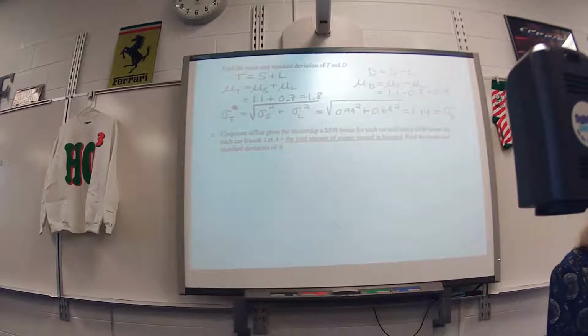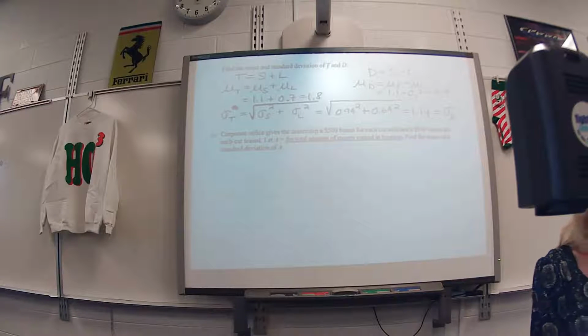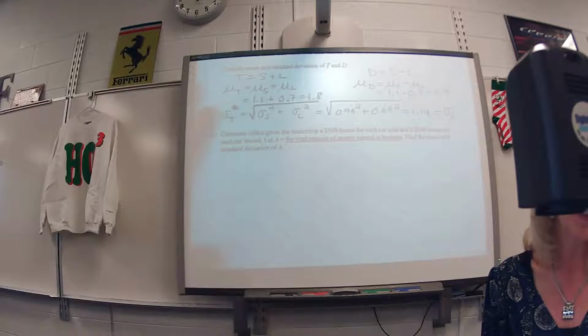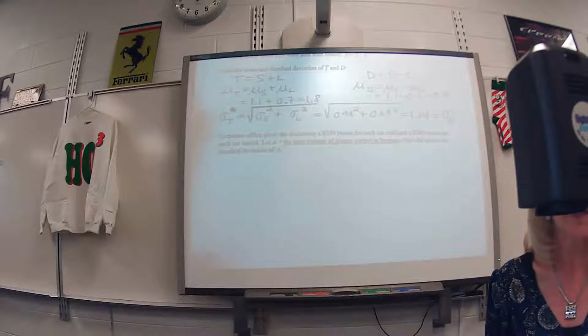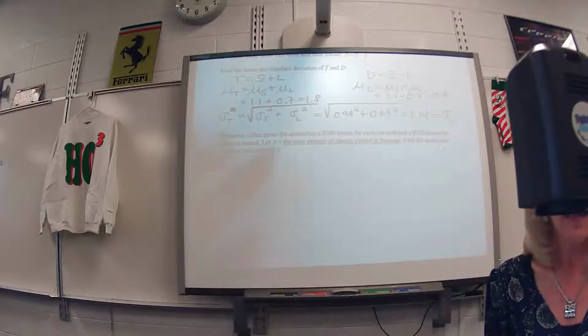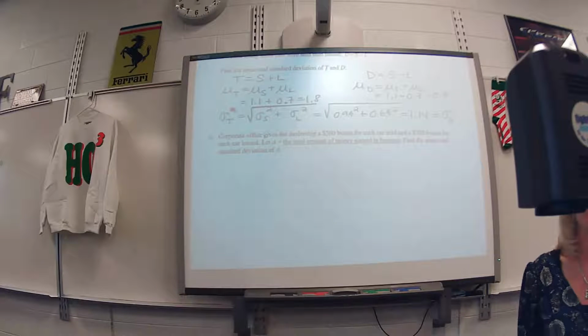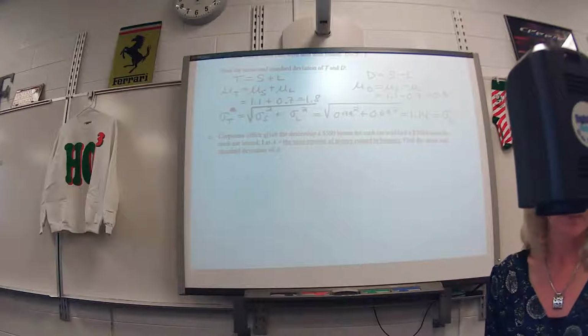All right, so now what I want to get into is we're going to do some transforming and combining all in the same problem. So it says corporate office gives the dealership a $500 bonus every time they sell a car and a $300 bonus every time they lease a car. And A is going to stand for the total amount of money that they earn in bonuses.